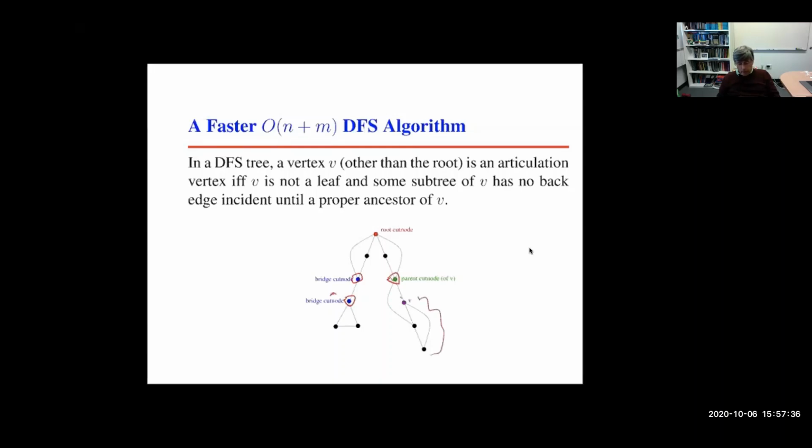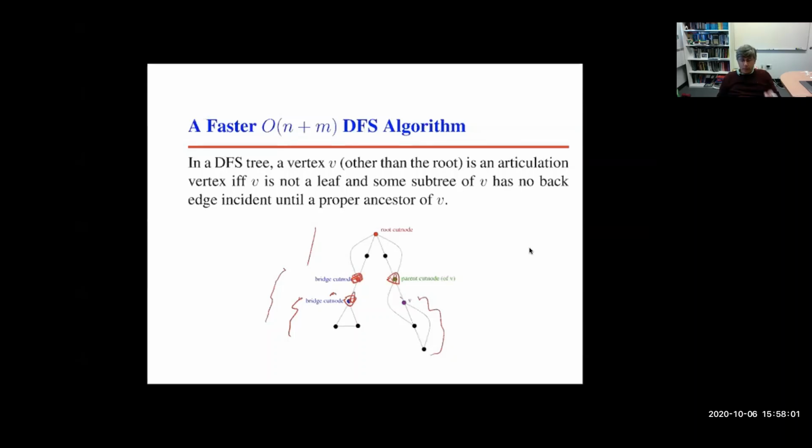If I delete this vertex, I will separate this chunk from the rest of the graph. If I delete this vertex, I will separate this chunk from the rest of the graph. Does everybody agree these three vertices are articulation vertices?